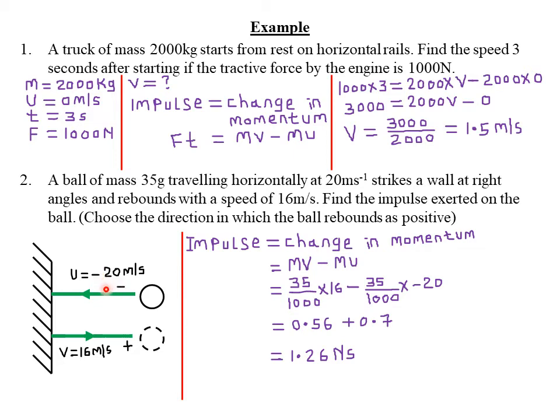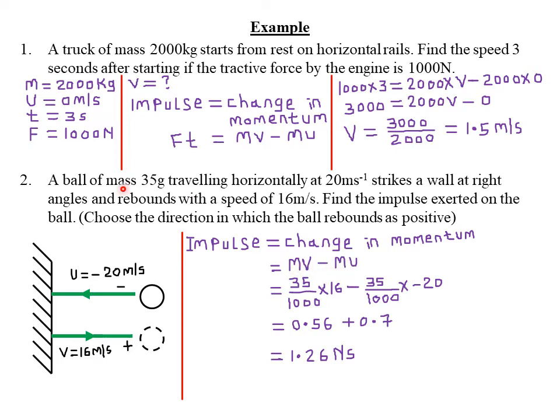If you are told to assume that the direction in which the ball hits the wall is positive, then the direction in which the ball bounces from the wall towards the right hand side would be negative. So you have to consider the directions provided by the question. So the impulse is equal to the change in momentum, which is mv minus mu.